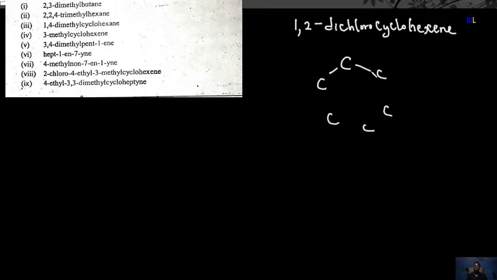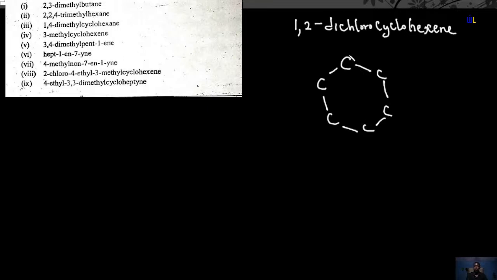So I just link them up. So that's the cyclohex first. Then it's ene. Please, once you see that there is no number between the infix and the suffix, the implication is that it's on number 1. So ene means that there is a double bond between number 1 and number 2.